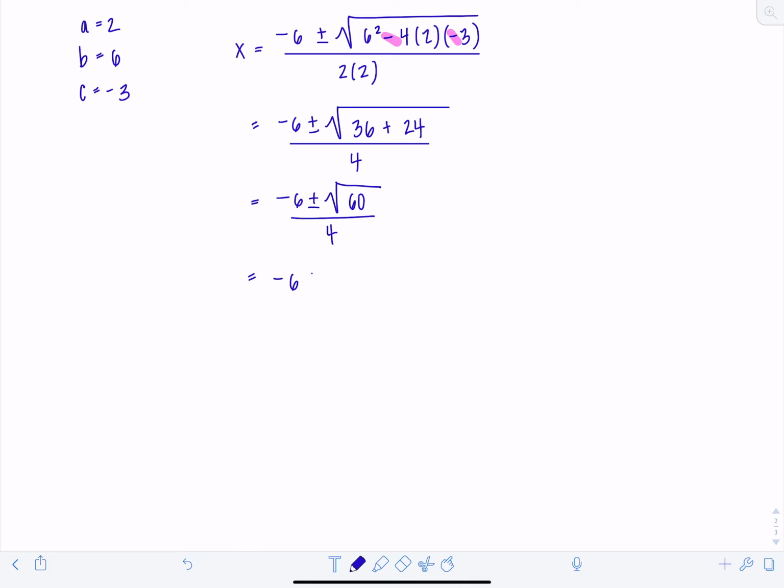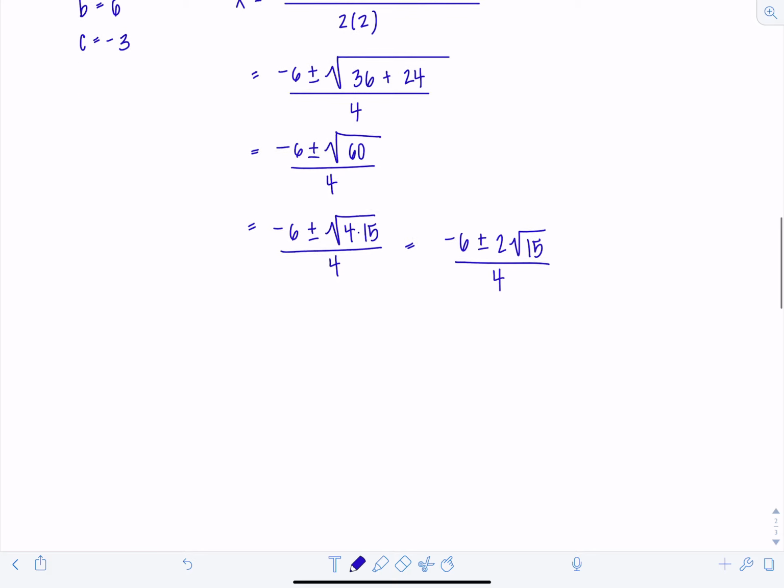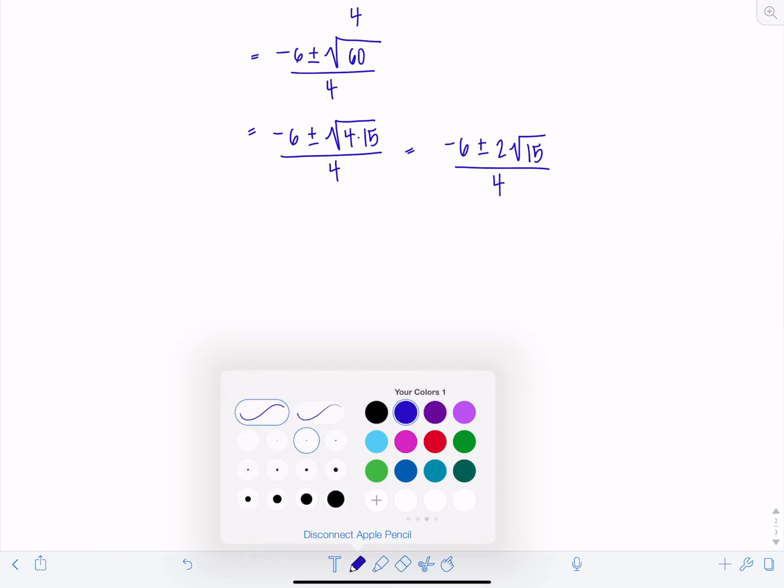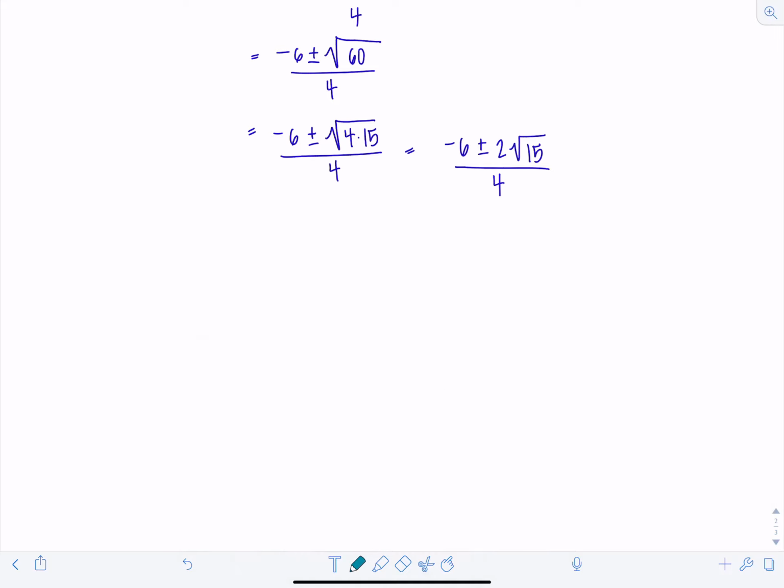And then we can simplify 60. So this is going to be negative 6 plus or minus the square root of 4 times 15 over 4, which I can rewrite as negative 6 plus or minus 2 rad 15 over 4. Now, you might notice I can simplify by factoring out or canceling a 2 from all of the terms. The safest way to go about doing this is by factoring out the GCF from the numerator.